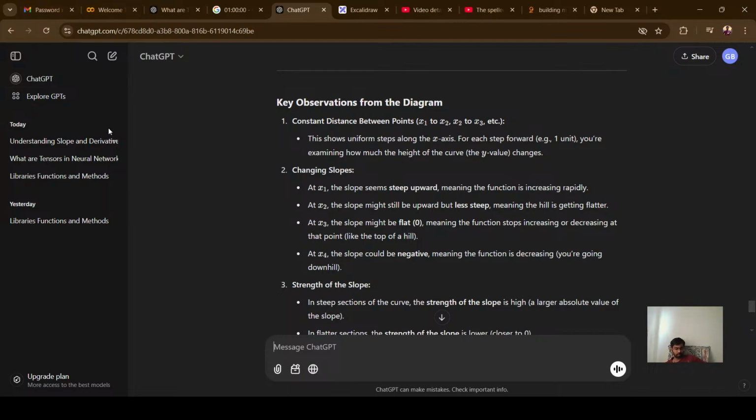So at x equals 1, the slope seems steep upward, meaning the function is increasing.